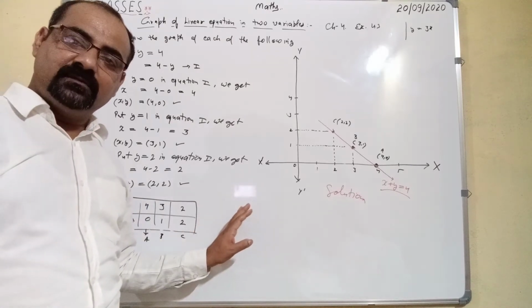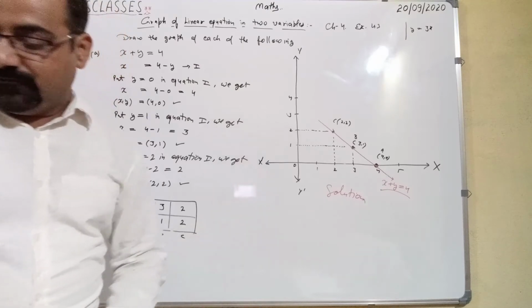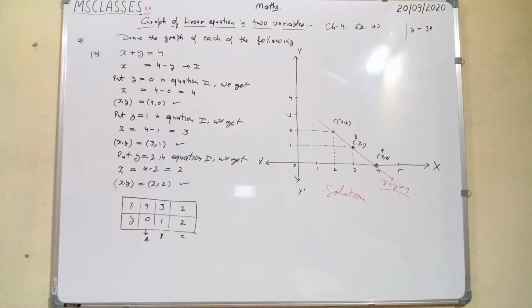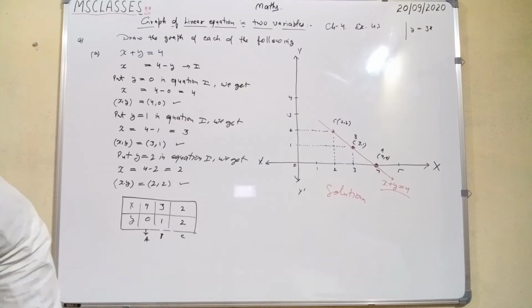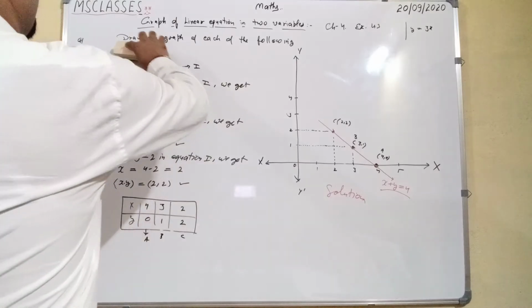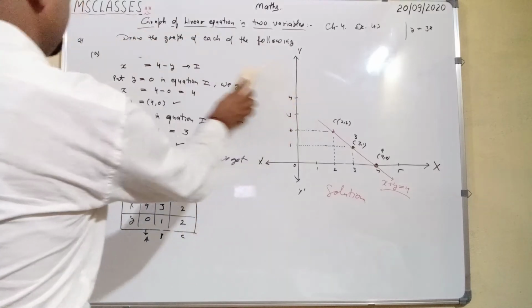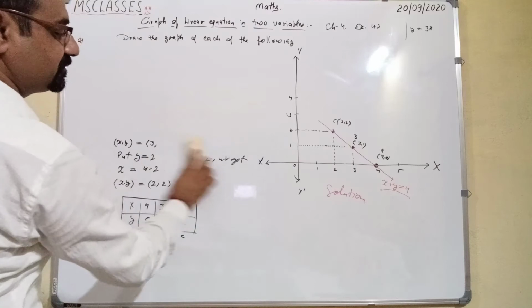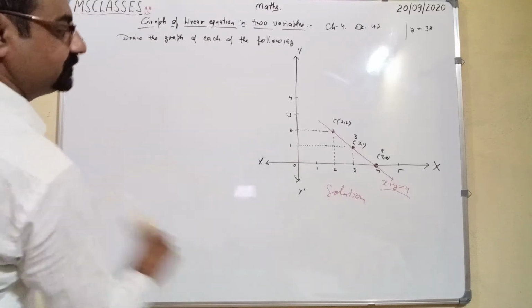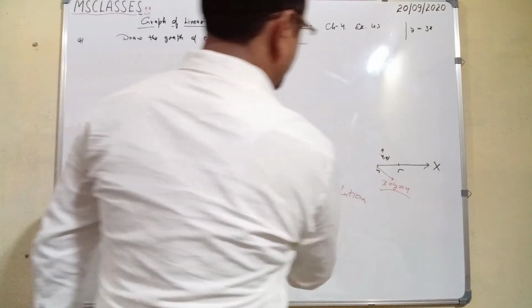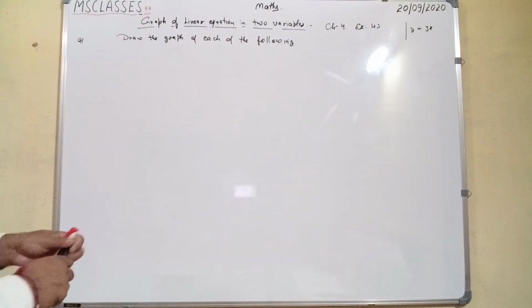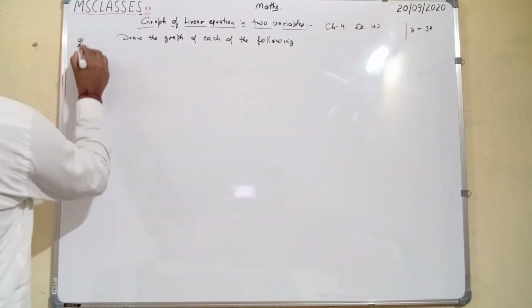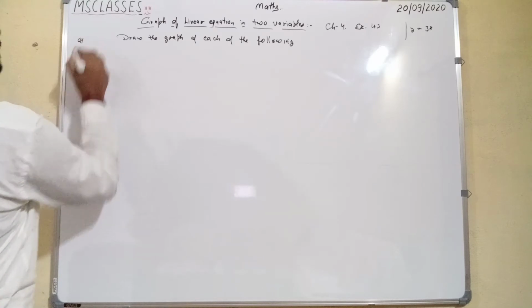Now we will take one more question from the exercise. This is the second question. This is y is equal to 3x. Right. So y is equal to 3x. This is the next question, another part of question number first.